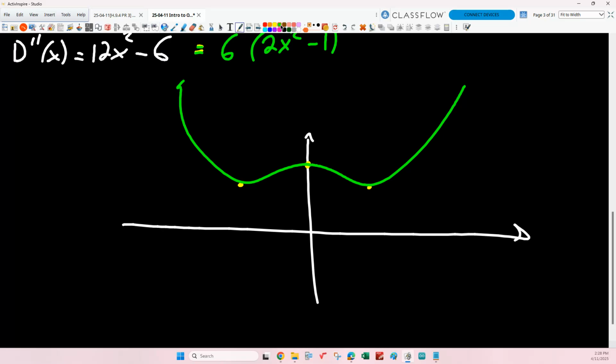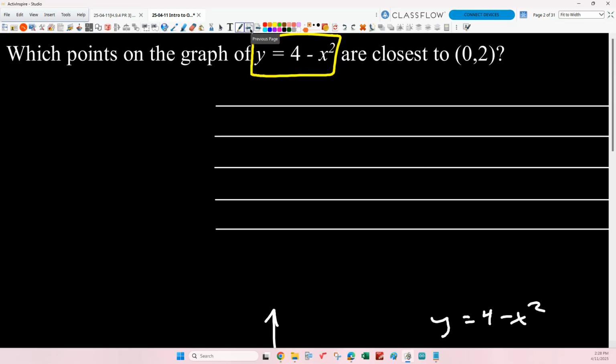So they happen at those places. Does that make sense? Okay. So if we went back and actually answered our original question, at what points on that graph are we closest? Well, we're closest when x equals plus or minus the square root of 3 halves. And then I could plug those in and find the y values. Okay? Make sense?